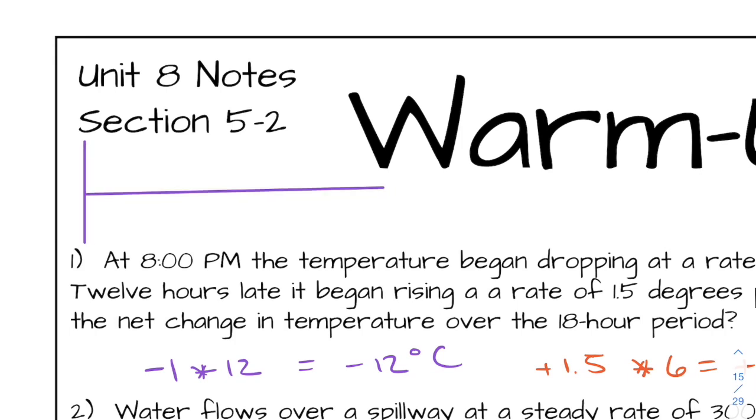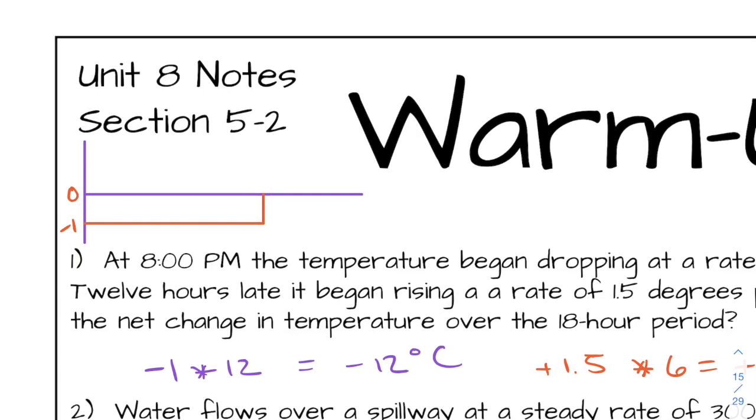So let's say that I were to graph for 12 hours a consistent rate here of negative 1 degrees, okay, for what was it, 12 hours? Yeah, let me try that again.